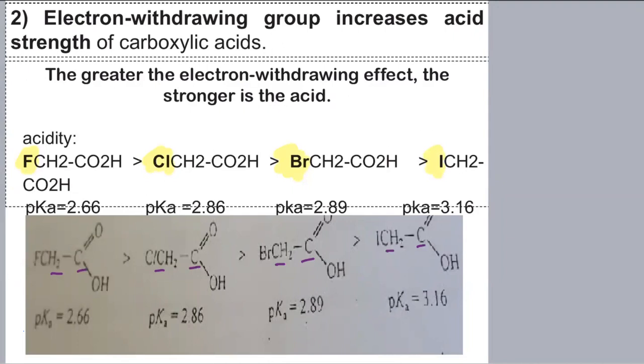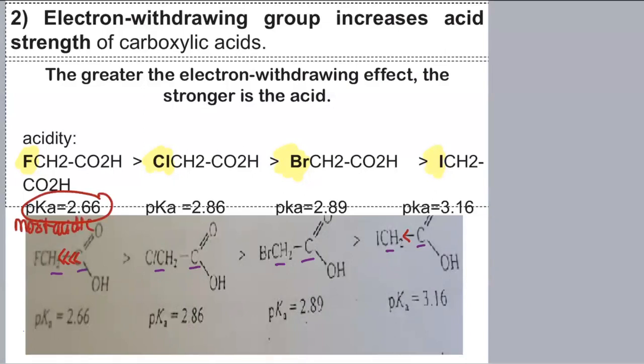Therefore, if I draw the arrow again to show the effect of withdrawing electron density, fluorine will be the strongest, so I will draw 4 arrows, and iodine being the weakest at pulling the electron density away from the COO minus. That's why you see the pKa value: the fluoroethanoic acid is the most acidic.